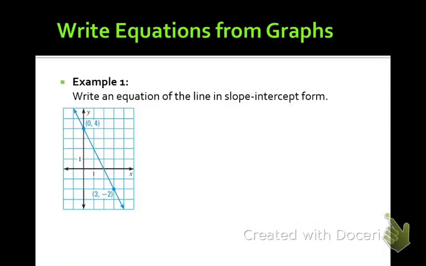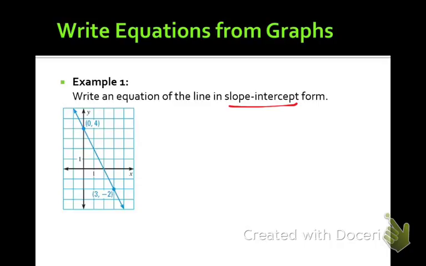Now, let's get into some examples here. If I want to write the equation of this line, and I want to do it in slope-intercept form, well, we math people aren't very creative, so we tend to name things using words that we need to have to do them.